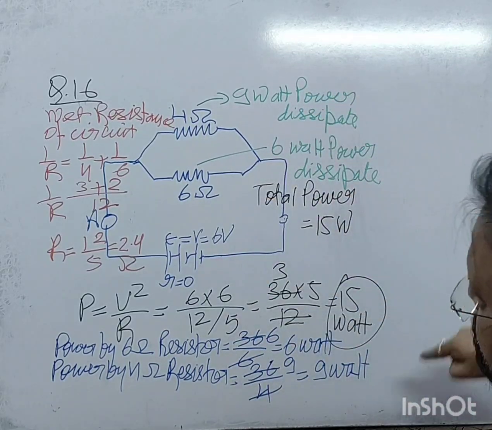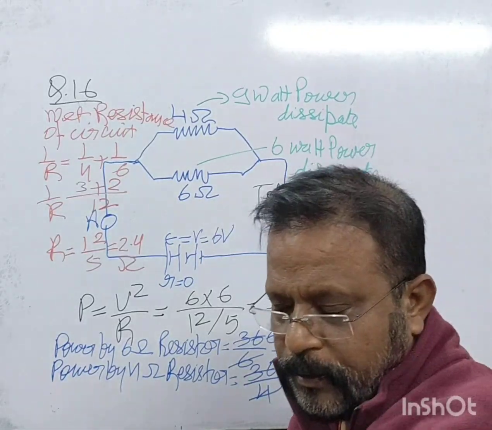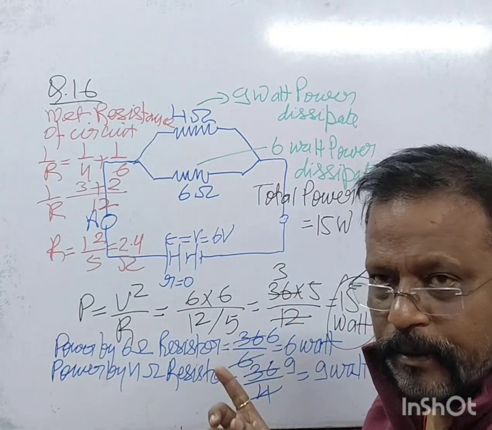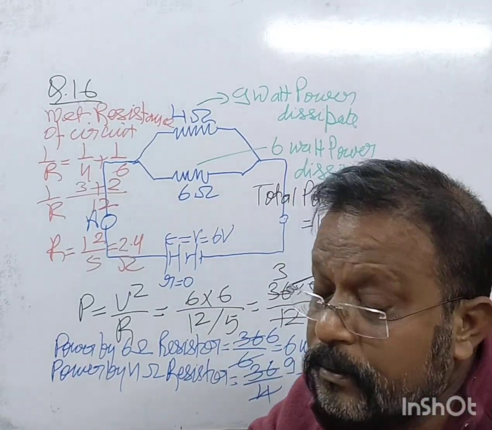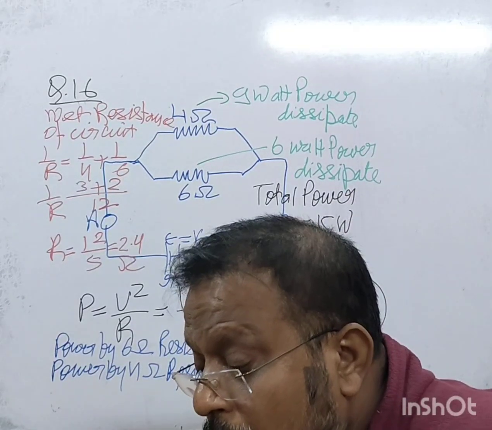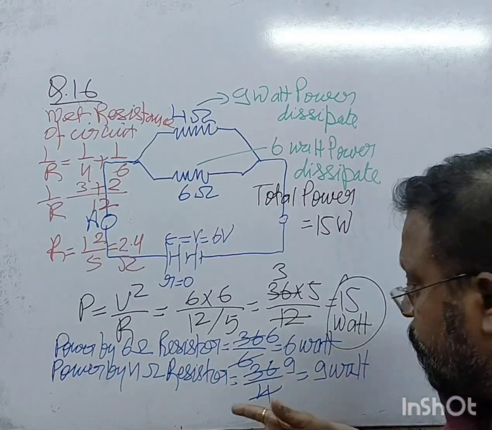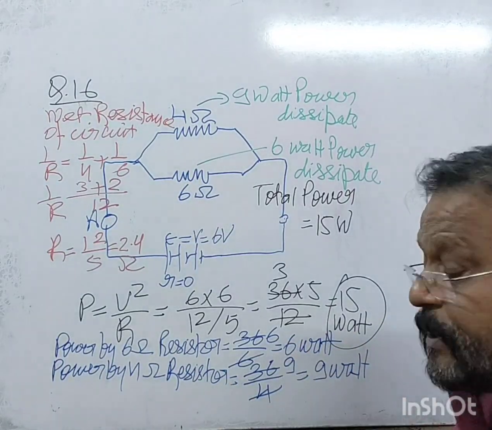Right? You get this? This is question number 16 we have. Okay, what next you have? Should I have something more? No. This much is only, na? Yes. Total power supplied is 15 watt and in resistors 6 and 9 watt.